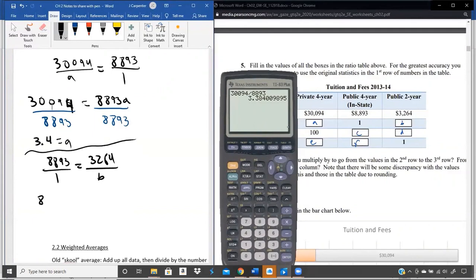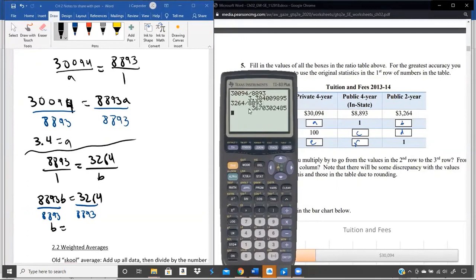Cross multiply, you get 8893B equals 1 times anything is the anything, so 3264. Divide both sides by the 8893. That tells us that B is equal to 3264 divided by 8893.